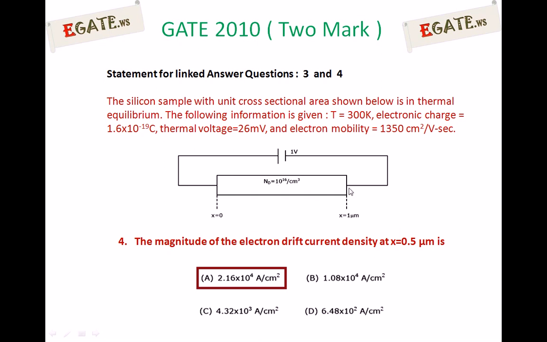If you take the entire semiconductor, you get a total of 1 volt. If you take only half of the semiconductor, that is x is equal to 0.5 micrometers, the voltage is only 0.5 volts. So the voltage is distributed across this semiconductor, since the semiconductor is acting as a resistor.